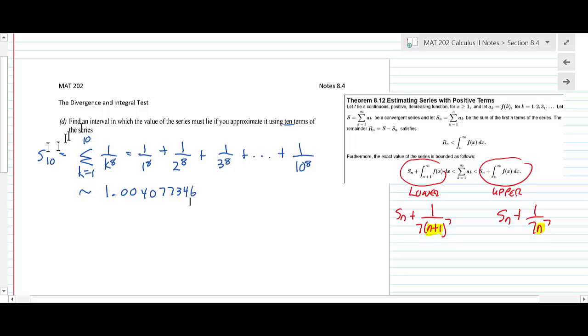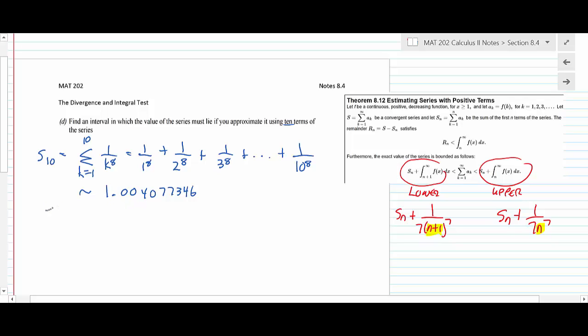What if we went all the way out to infinity? Any idea what that might be going to? Probably 1. That's just kind of my suspicion, because when we did this, we were already at an accuracy within 10 to the third. So that's what that's probably going to go to.